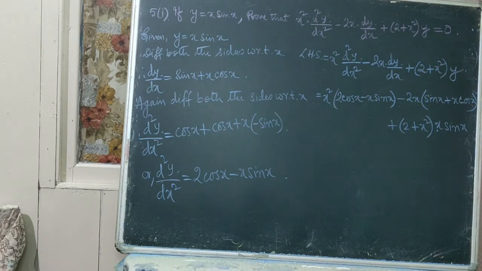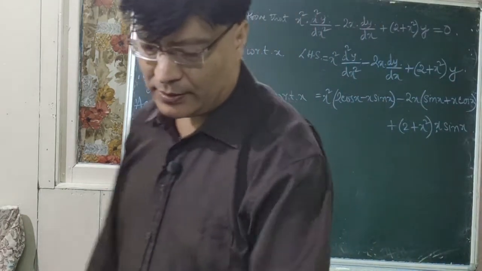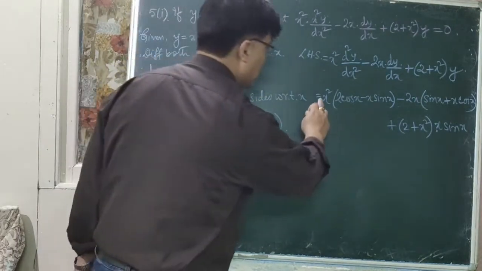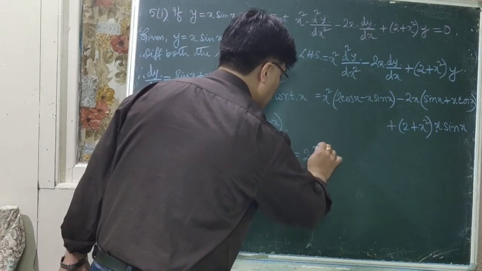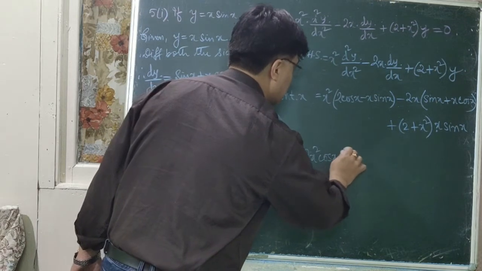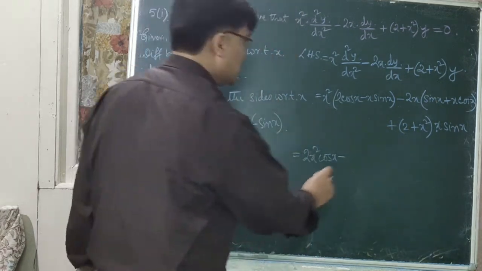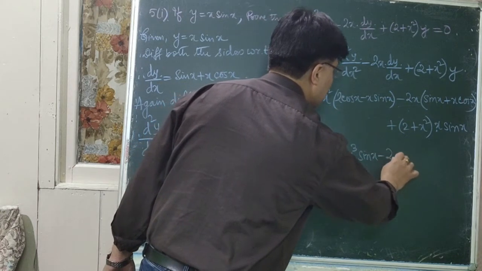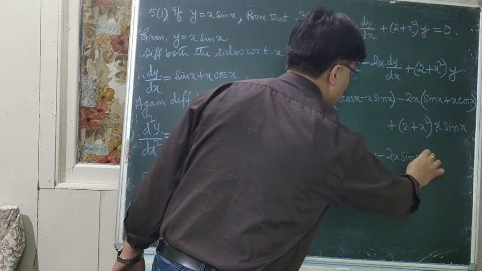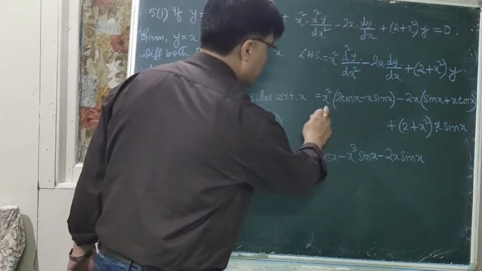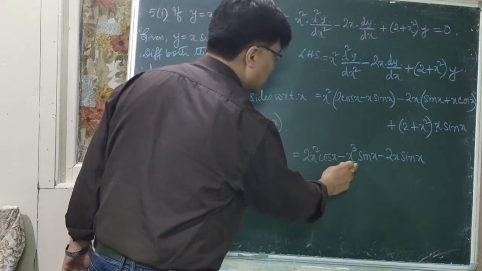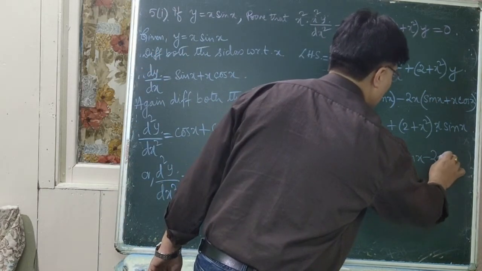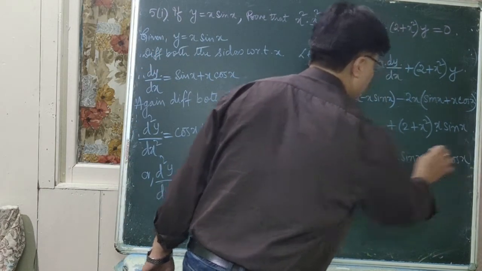So now let us simplify it. Multiply by x square here, 2x square cos x minus this is your x cube sin x, minus 2x sin x, we are multiplying them, 2x square cos x, x square into x minus x cube sin x minus 2x sin x minus into plus minus 2x square cos x, right?